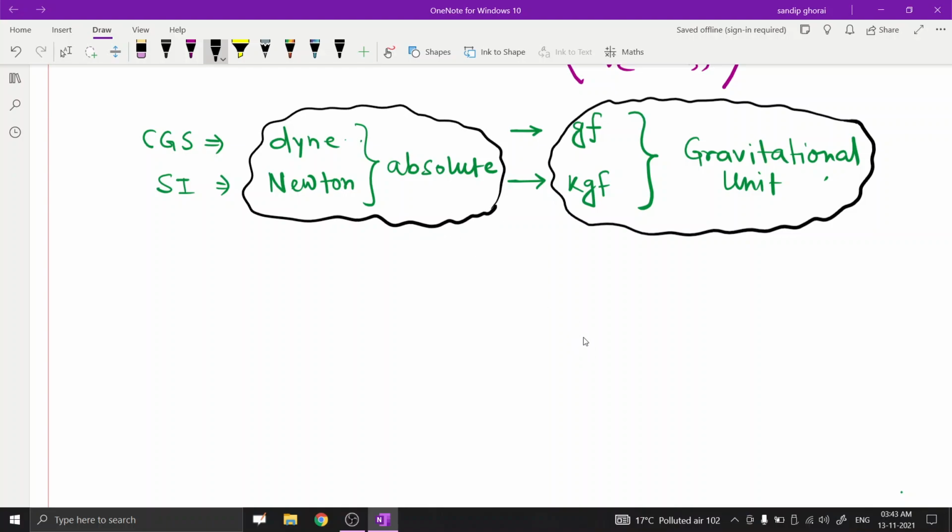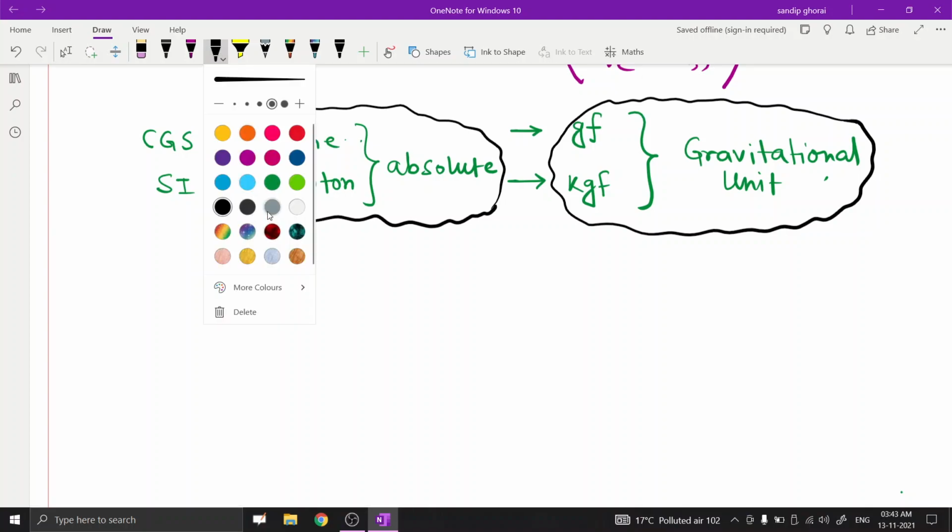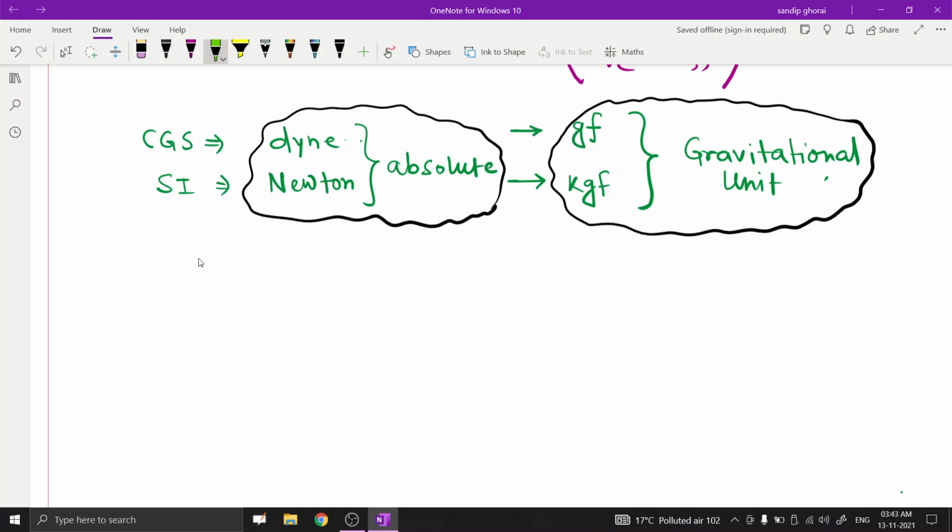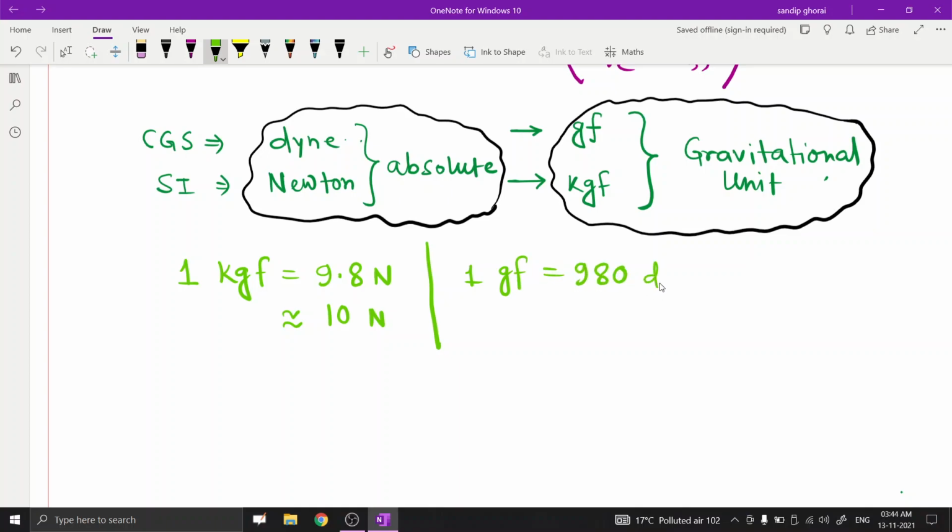There is a relation between the absolute unit and the gravitational unit that we have to remember: 1 kgf is equal to 9.8 Newton, and it is approximately taken as 10 Newton, and in the CGS system 1 gf is equal to 980 dyne. These are the relations between absolute and gravitational units.